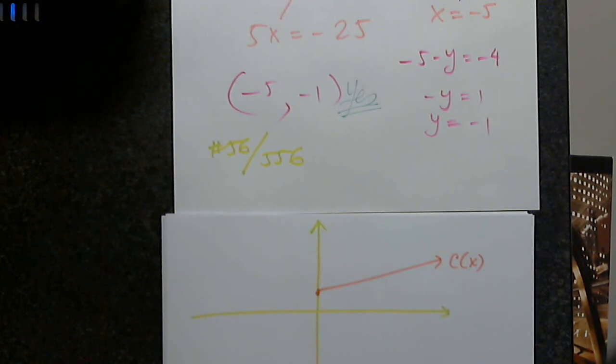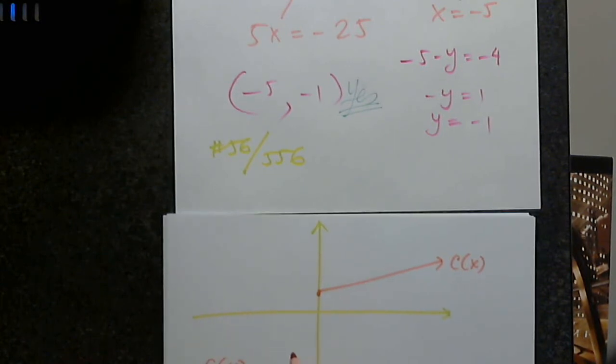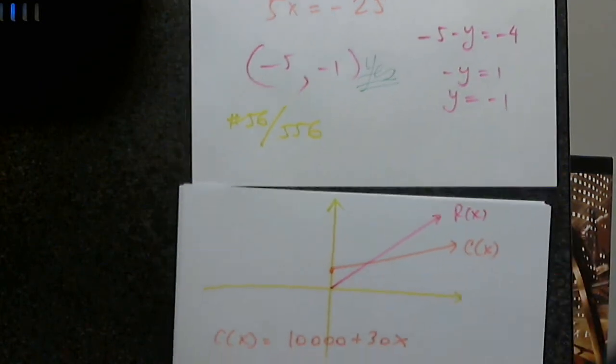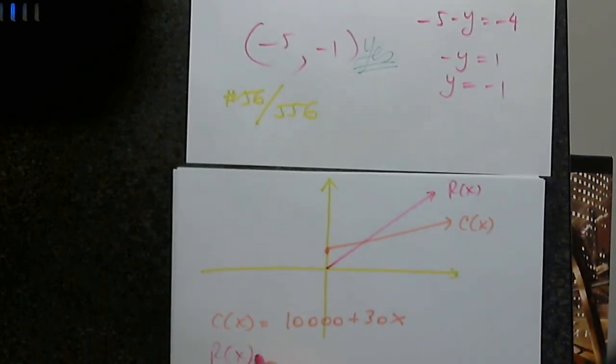The function is given to us, C of x equals 10,000 plus 30x. We are also given the revenue function, R of x, which is 50x.